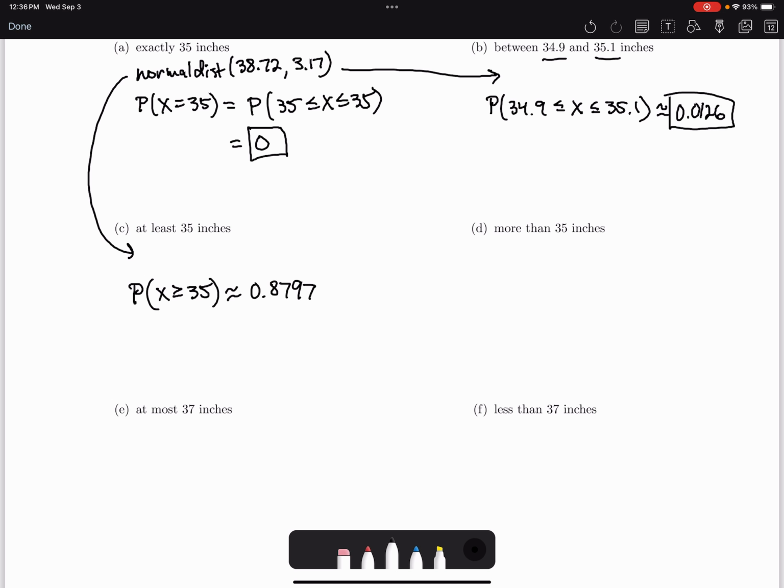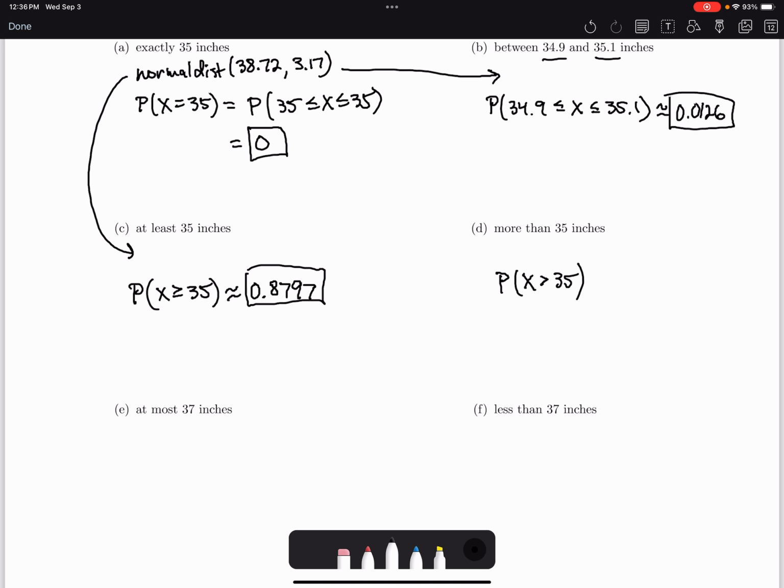All right. Well, now let's come to part D. It says we want the probability that she's more than 35 inches tall, right? So we want the probability now that x is strictly greater than 35 inches tall. I'm going to write something incorrect, so don't write down what I'm about to write down.